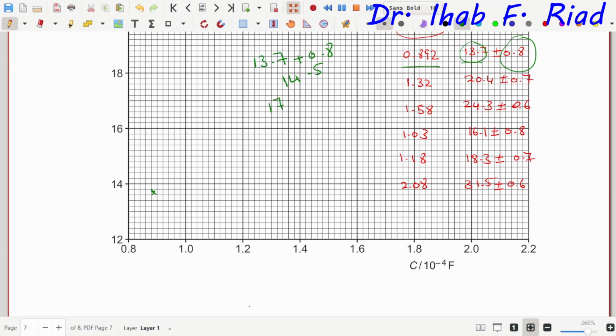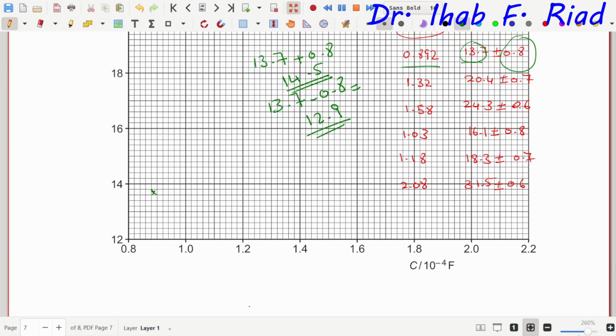And we have 13.7 minus 0.8. We are getting 12.9. So the error bars are going to expand from 14.5 to 12.9.